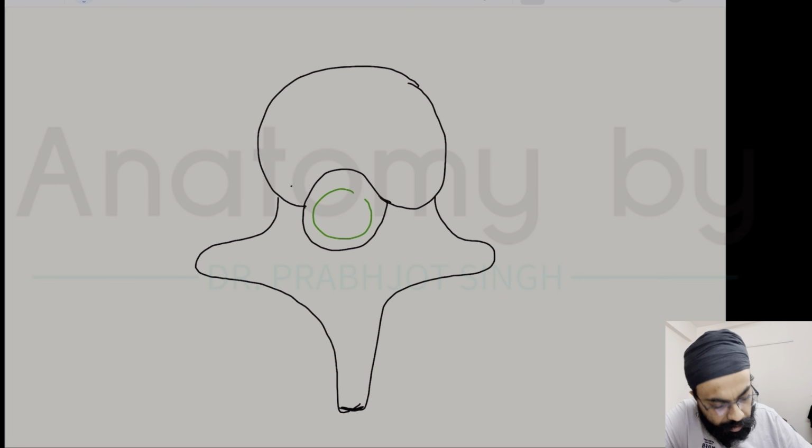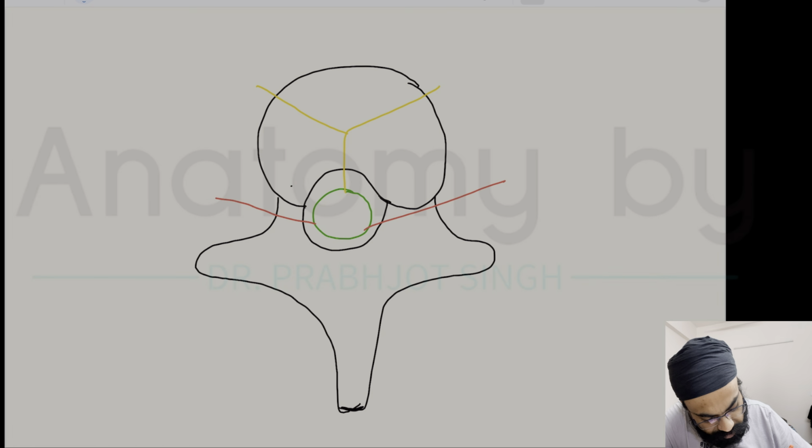So over here you have the epidural venous plexus. Then over here you have the venous plexus that is related to the body, and the one that I'm drawing in red is basically your external venous plexus.